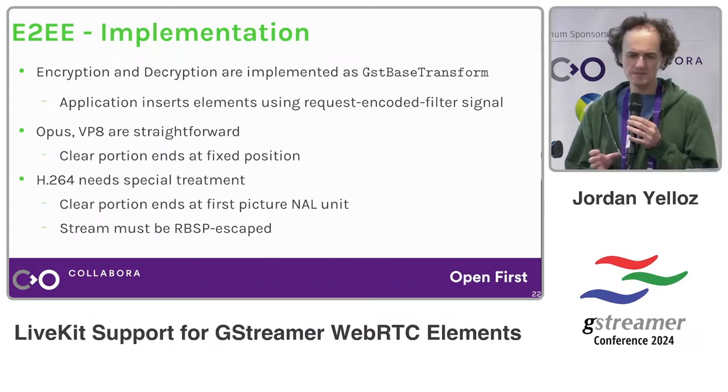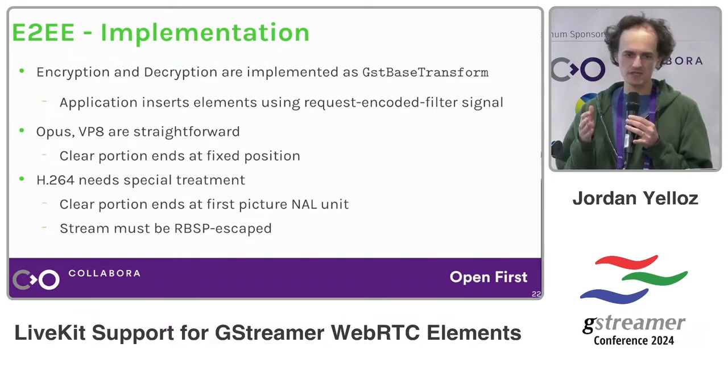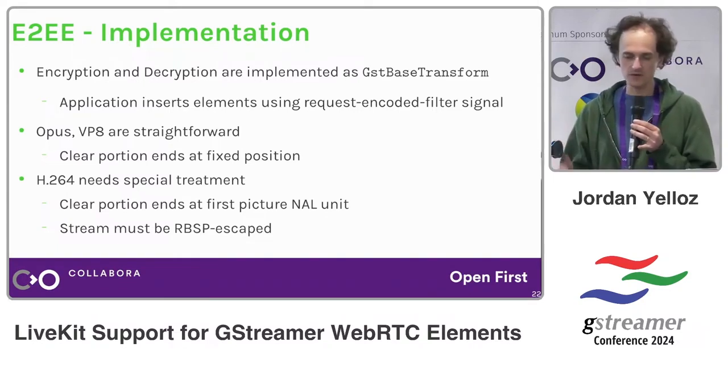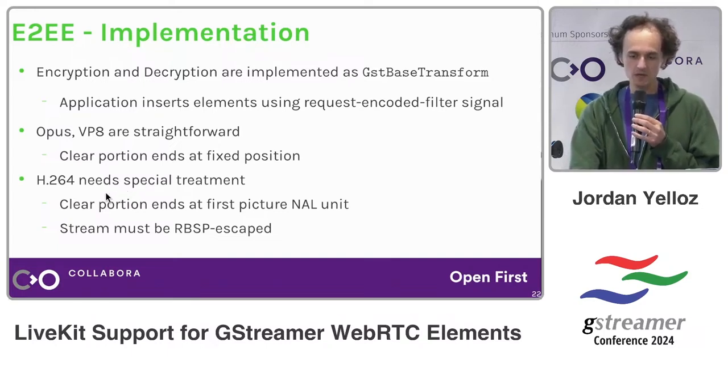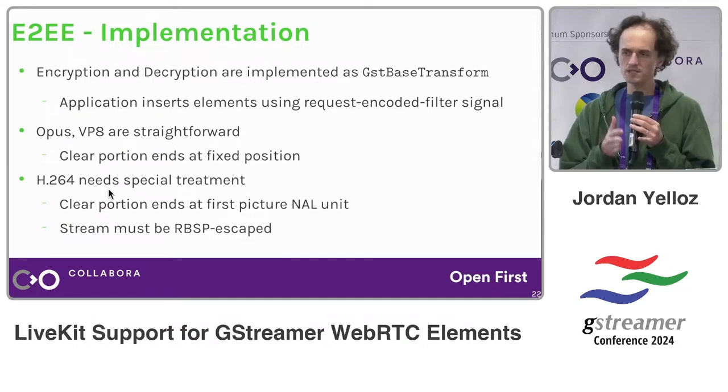For Opus and VP8, it's actually fixed. Opus has a couple of bytes. For VP8, if it's a keyframe, it's some amount; if it's not a keyframe, it's another amount. H.264 is the most complicated case. In this case, you have to actually look at the bit stream.